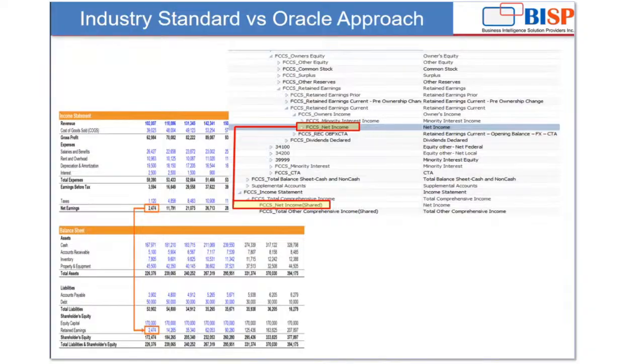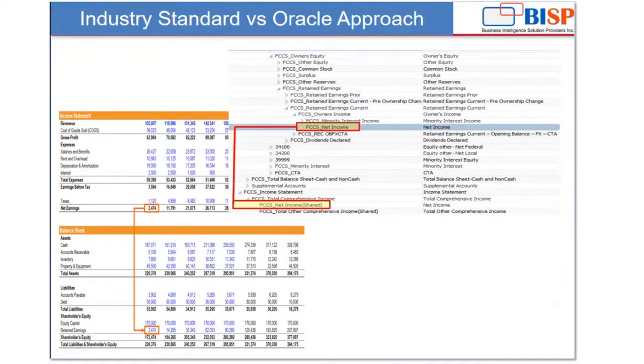If you open the retained earnings current, you will find the net profit of the current period. The current period net profit is a sum of owner's income, minority interest income and net income. What is minority net income? I will explain that in other lectures.